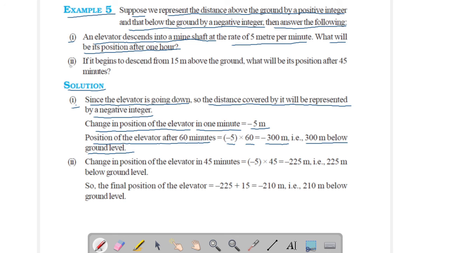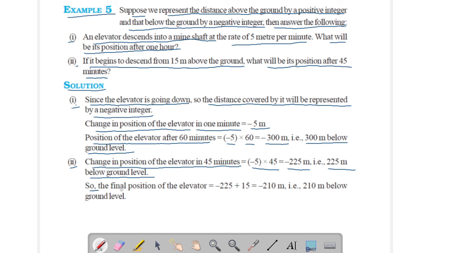Now second part. If it begins to descend from 15 meter above the ground, what will be its position after 45 minutes? See the solution of second part. Change in position of the elevator in 45 minutes equal to minus 5 into 45, that is minus 225 meter, that is 225 meter below ground level.